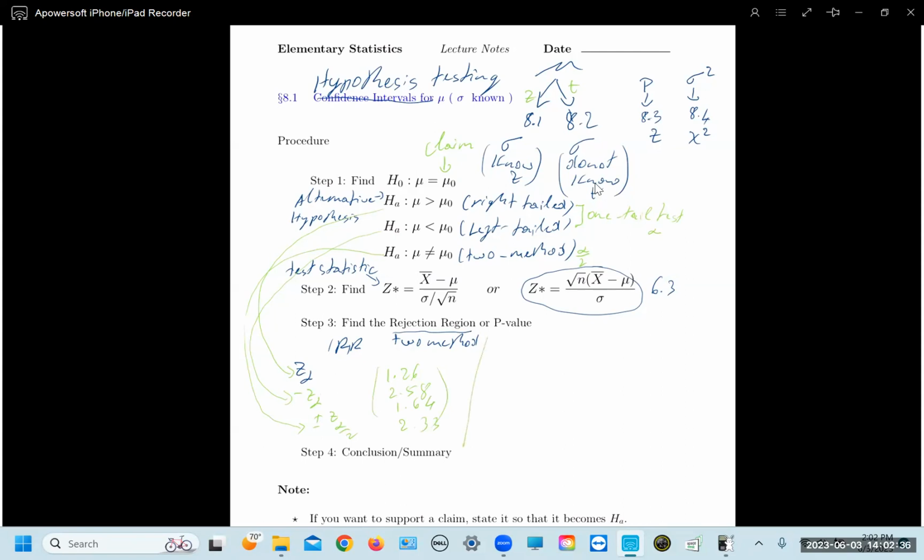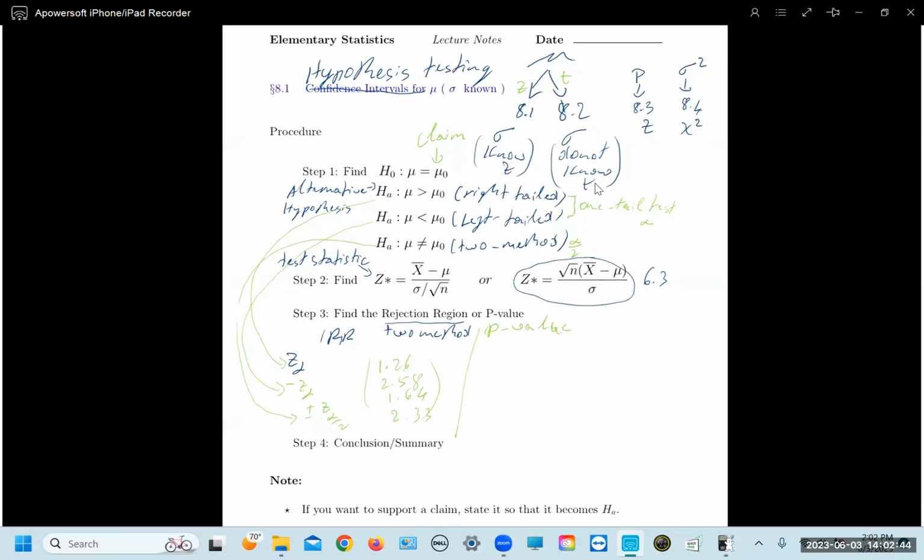And we have the p method, the p-value. P equals P(Z greater than z star). This one is 6.1, actually 6.1.